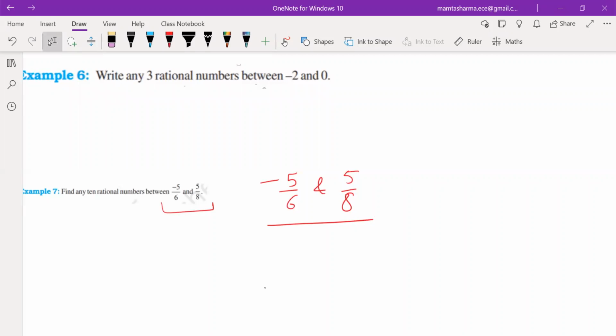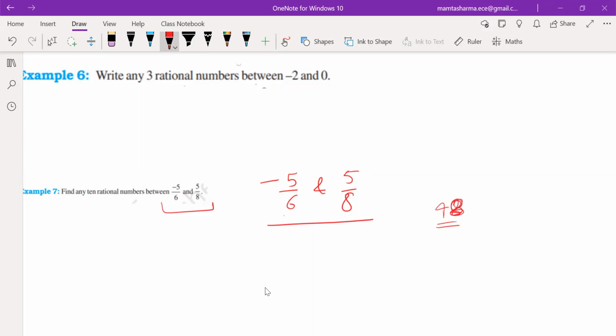What will be that common denominator? LCM is 48, ma'am.